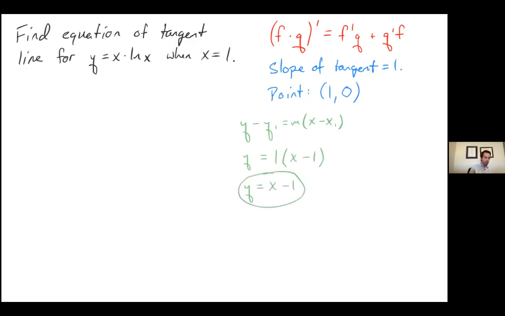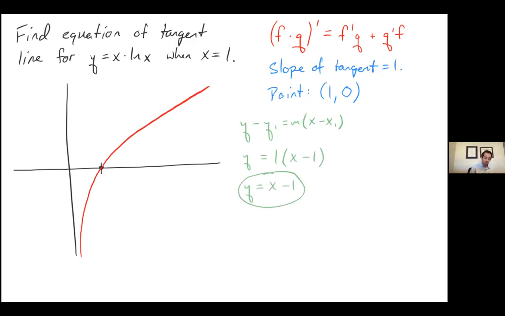Okay, so expanding through the parentheses, I'm going to get y equals x minus 1. And maybe a picture for this is a little bit too ambitious, but what it essentially means is that, let's see, the point is 1, comma 0. So this function is going to look something like this, and the tangent line is the straight line that is tangent to it at that point.